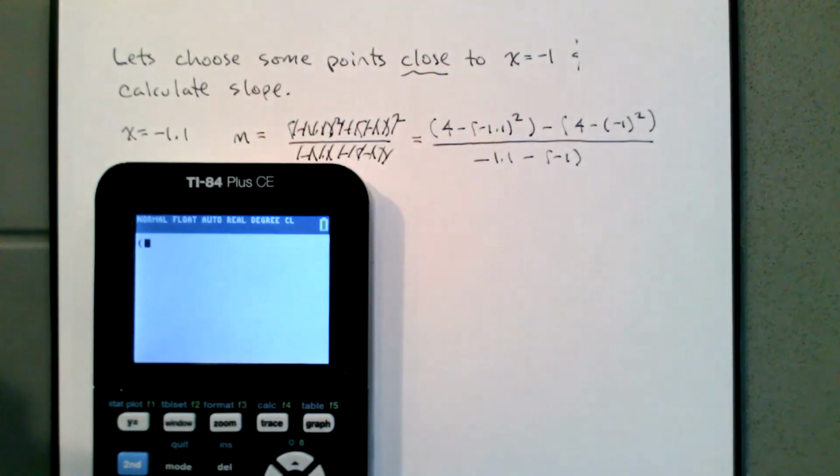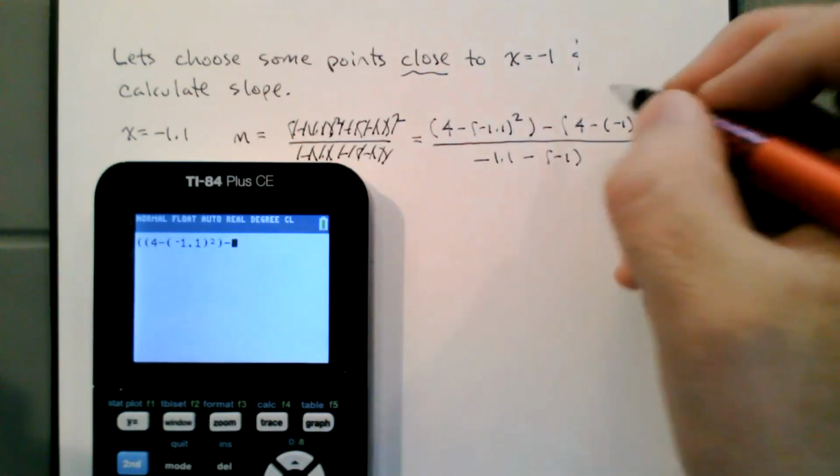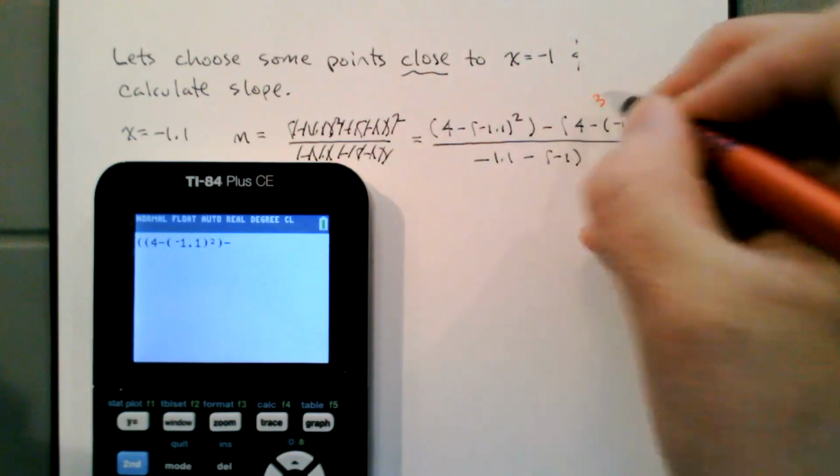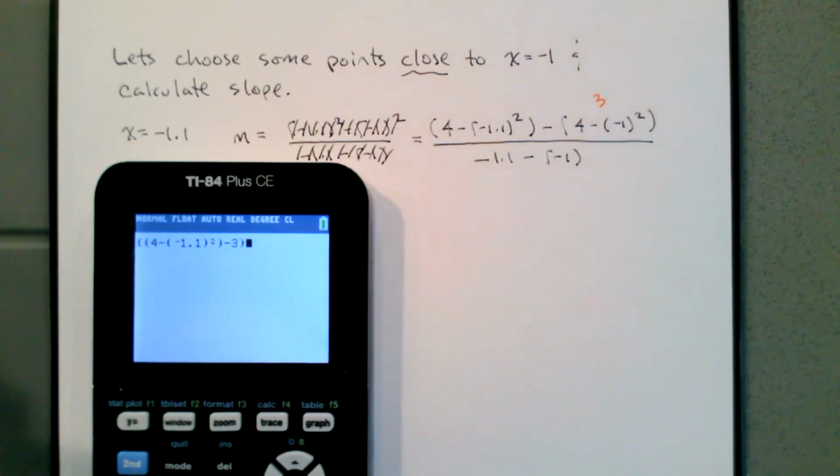So the top is going to be 4 minus -1.1 squared, minus, I'm just going to write 4 minus negative, this is just going to be 3. And then we'll divide by -1.1 minus -1.